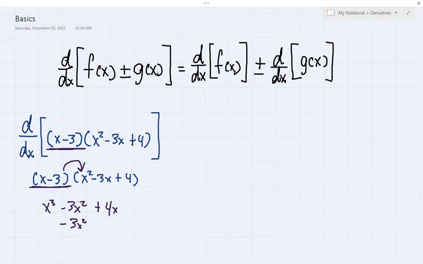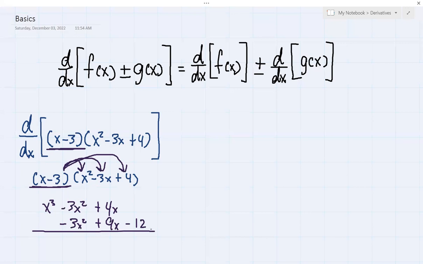Kumbaga yung second term mo, kung ano yung second term mo dito sa taas, diyan ka magsisimula sa baba niya. Okay? So negative 3 times x squared, we have negative 3x squared. Negative 3 times negative 3x, that would be positive 9x. Then lastly, negative 3 times 4, we will have negative 12. Ayan na siya. So that's it.